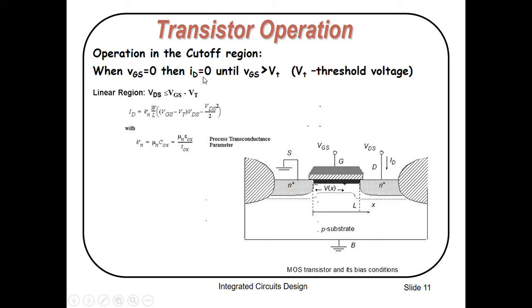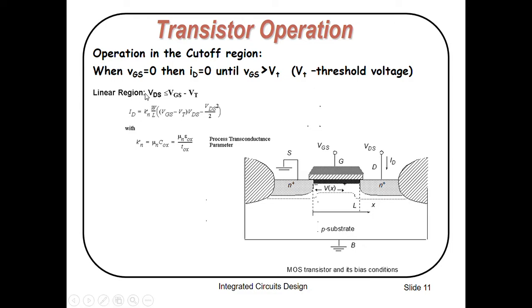First of all, we will discuss the operation in the cutoff region. When your Vg is less than Vt, and VGS is 0, then there is no current. ID is 0. This is called the cutoff region.